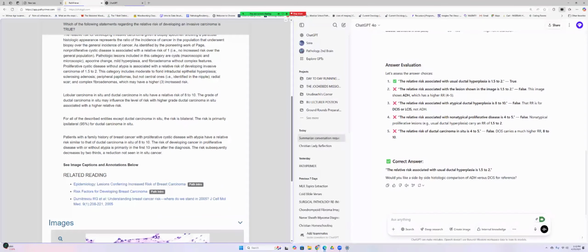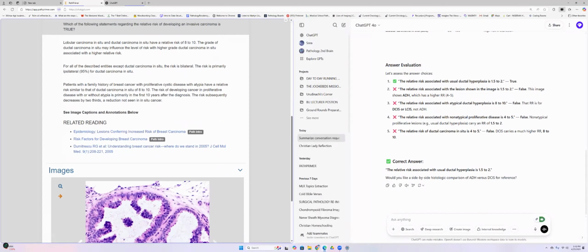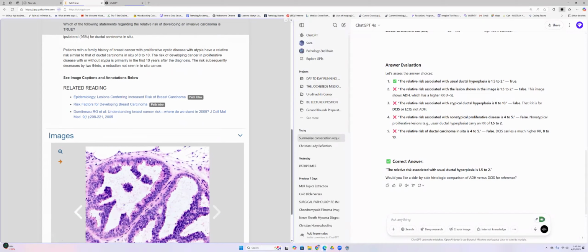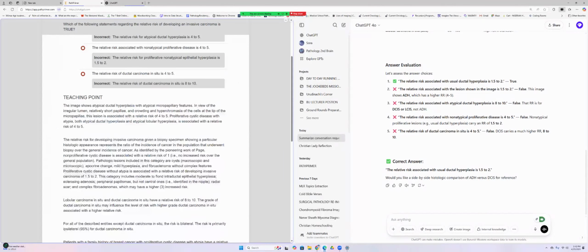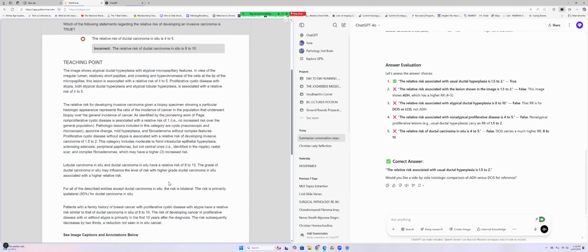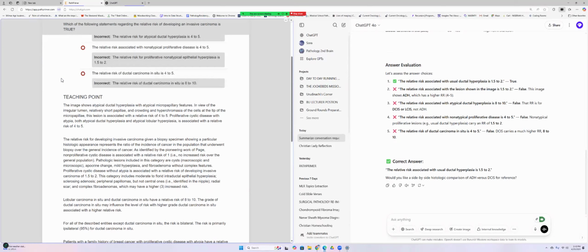For all of the described entities except the last, the risk is primarily ipsilateral for ductal carcinoma in situ. You done? The last paragraph, that's what I want to read. Okay, I'm done. We'll quickly do the review.